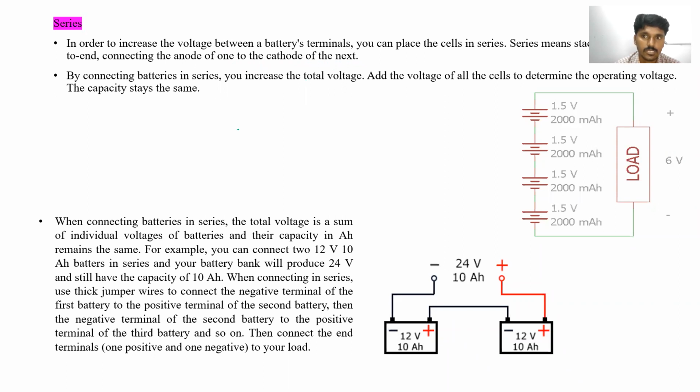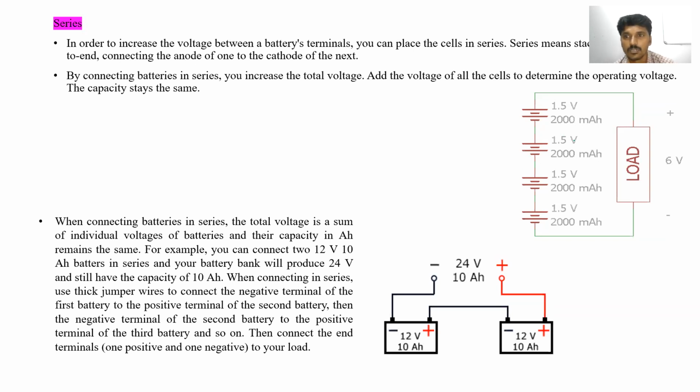These are the cells. The rated voltage of this cell is 1.5 volts, and its capacity is 2000 milliampere hours, which means 2 ampere hours.